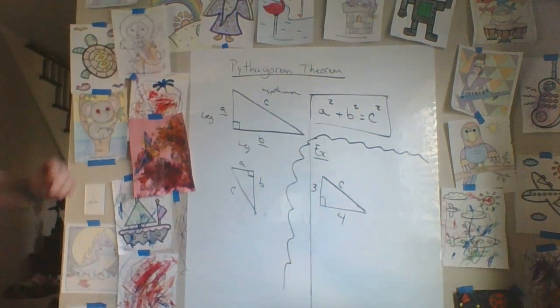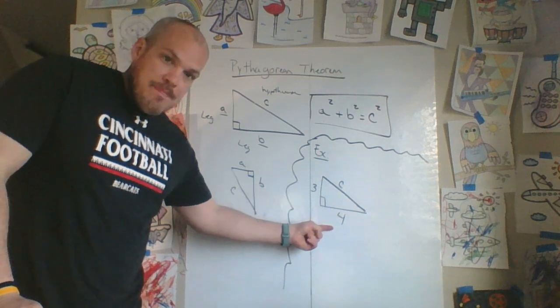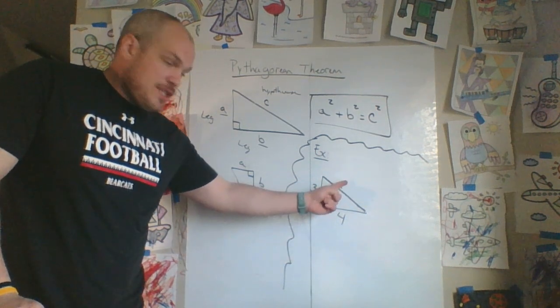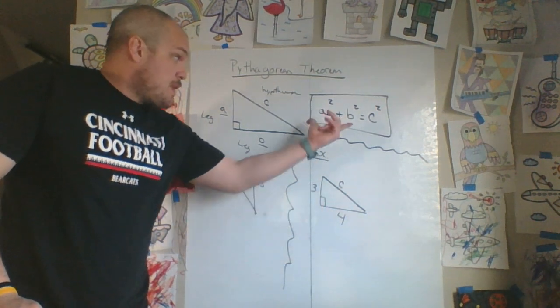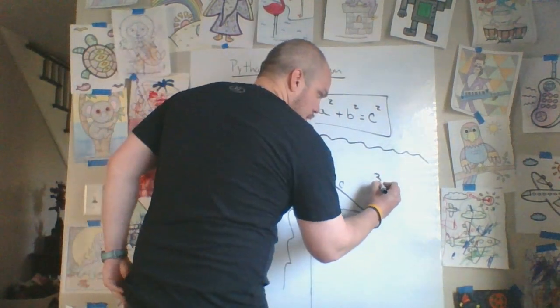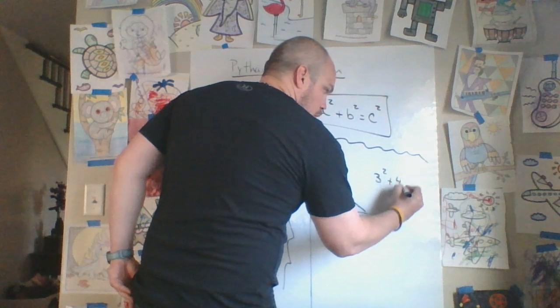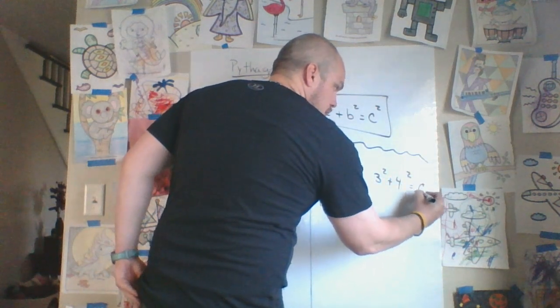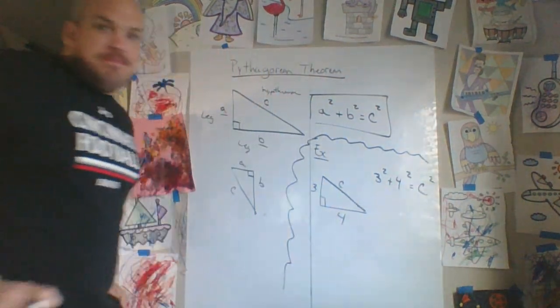So because we have A and B, and we're going to solve for C, we substitute the information we have into our formula. So we have 3 squared plus 4 squared equals C squared.